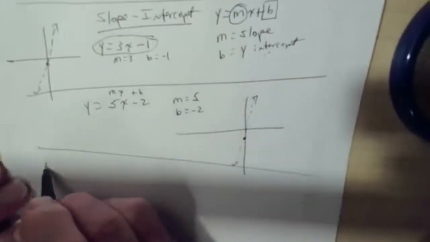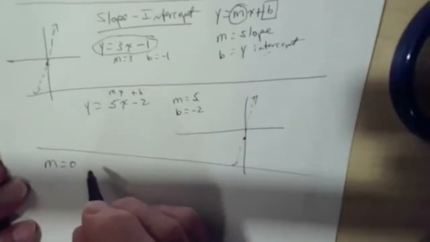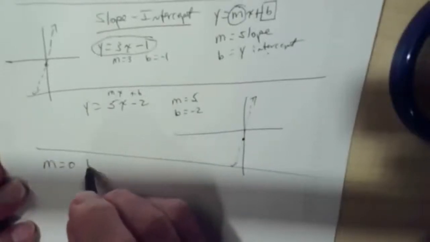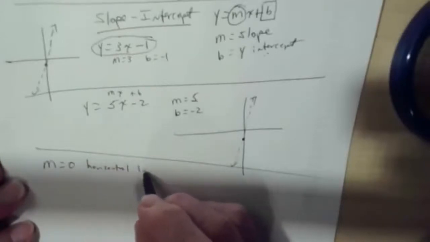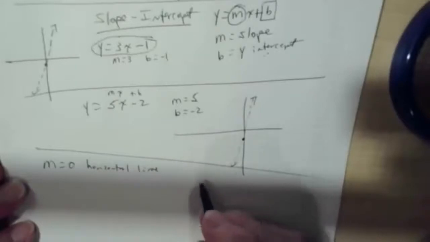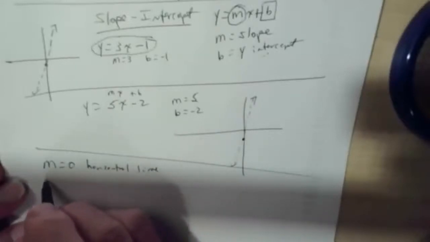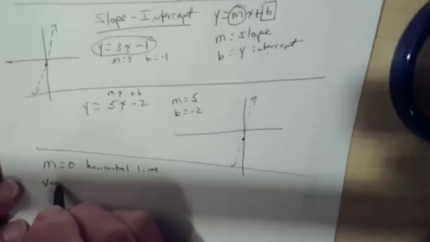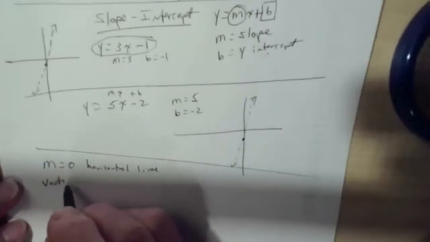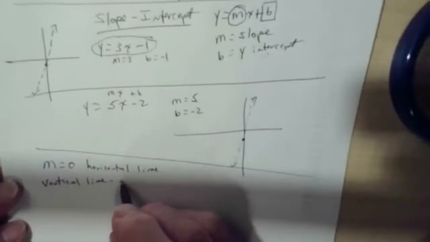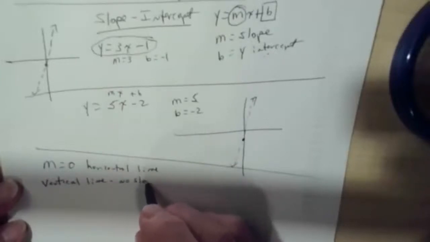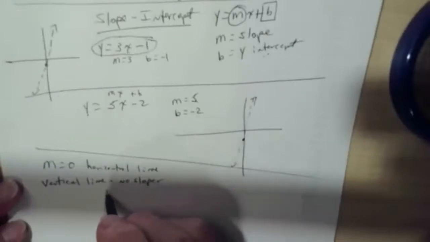Okay, now a slope of 0 is a horizontal line. And if you have a vertical line, it is called no slope or undefined slope.